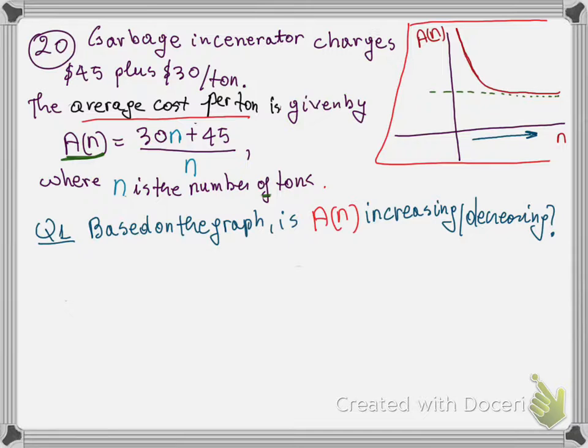The graph moves from the top down to the right. As we move to the right on N, we see that the graph is going down, which means that the y values are decreasing. So in this case, A(N) is decreasing as N increases.